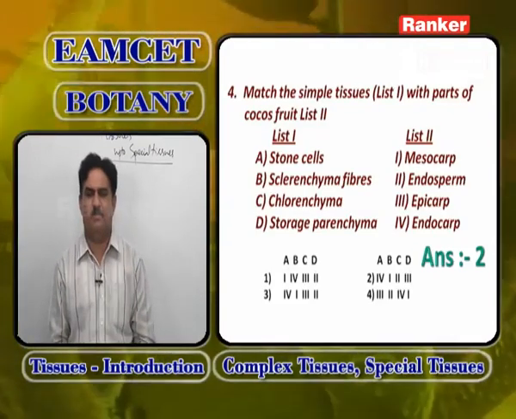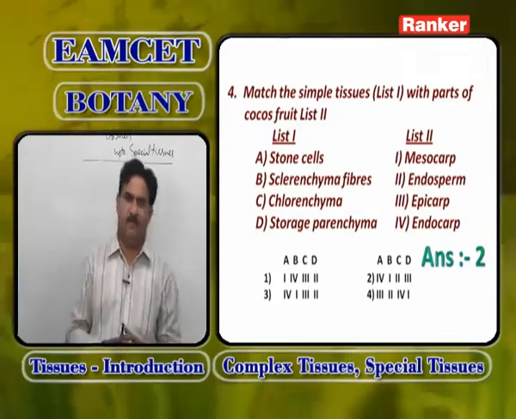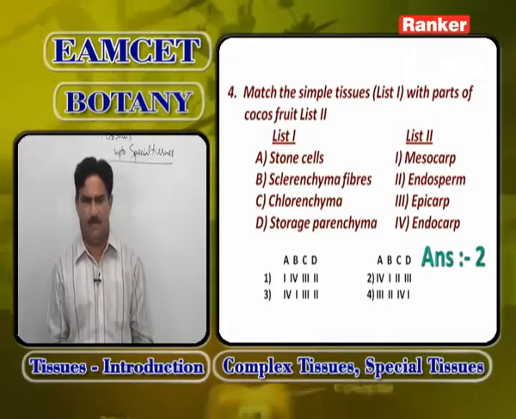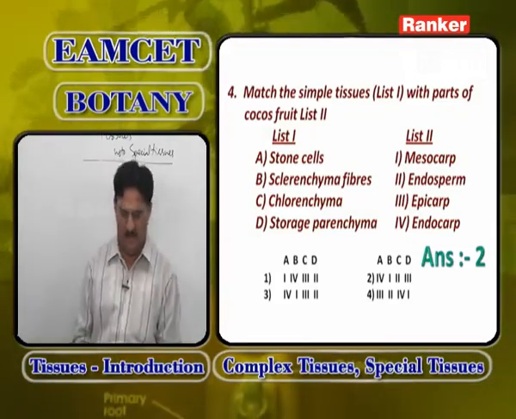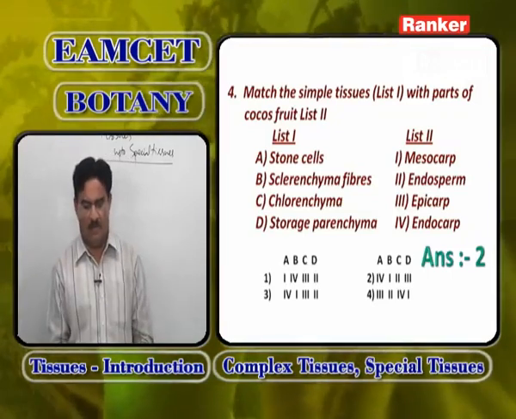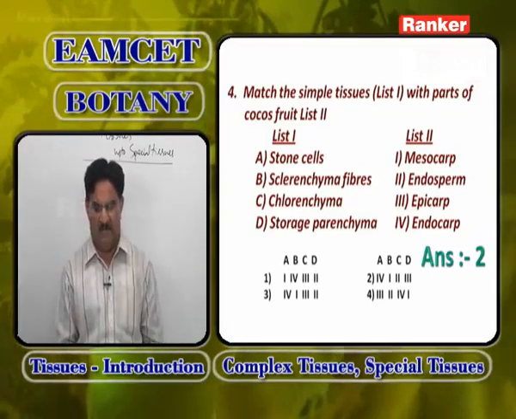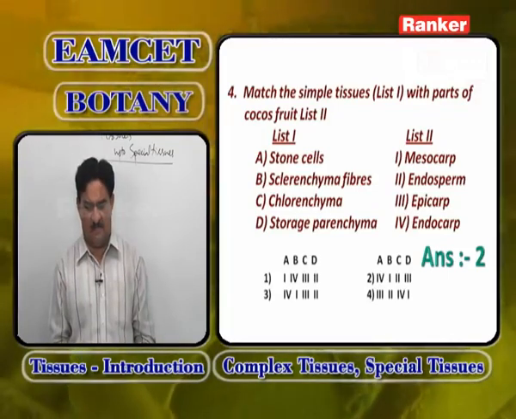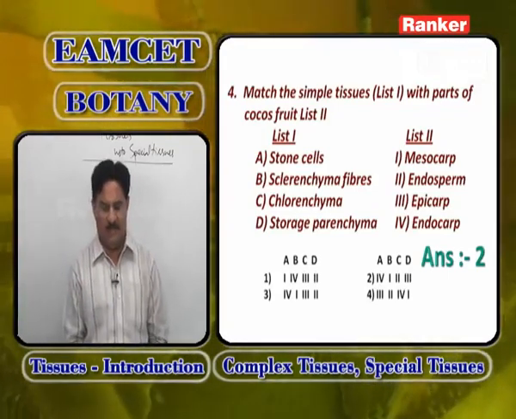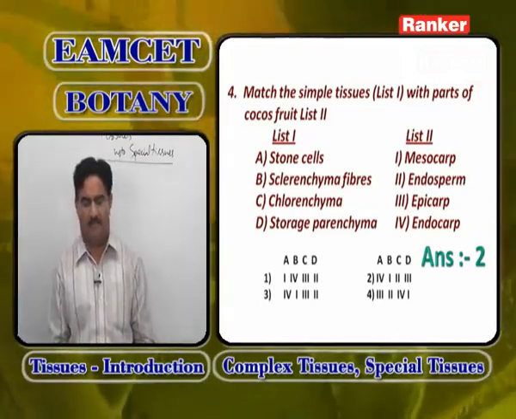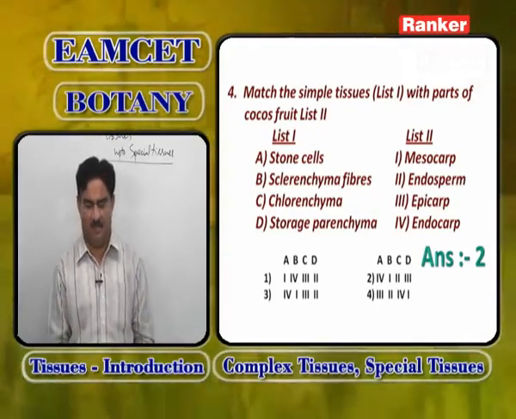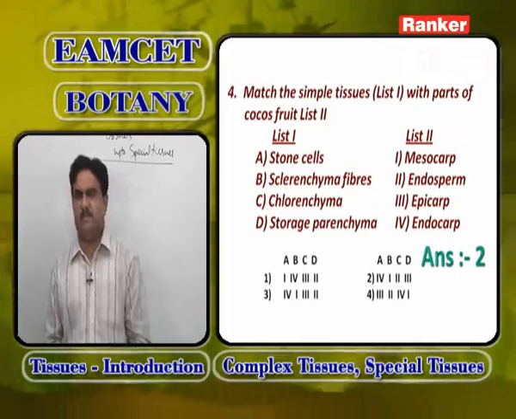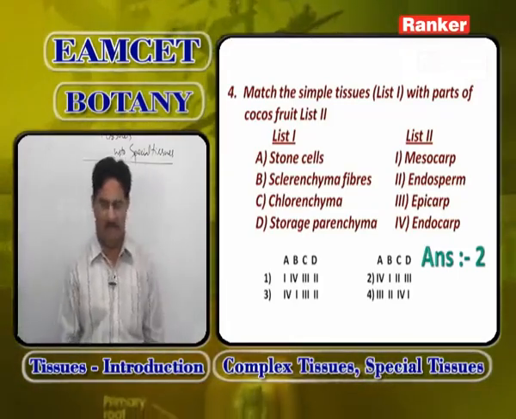Sclerenchyma fibers are in the fibrous mesocarp, very popular in coconut. The epicarp may show chlorenchyma, and storage parenchyma is found in the endosperm. Next.